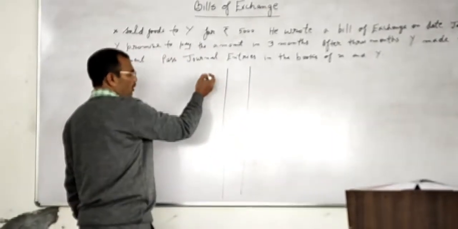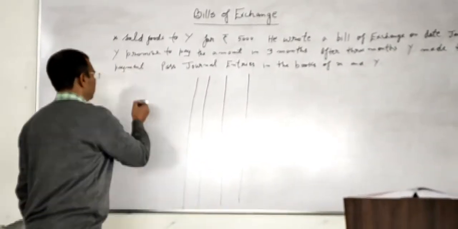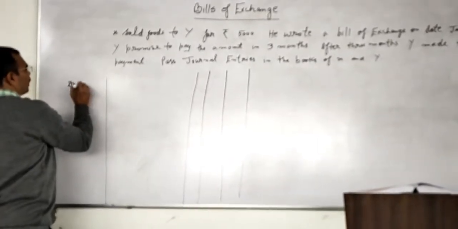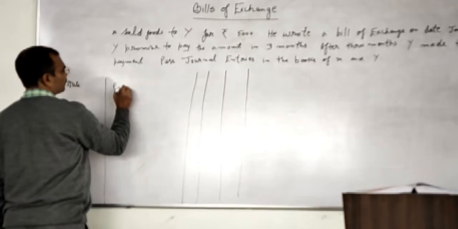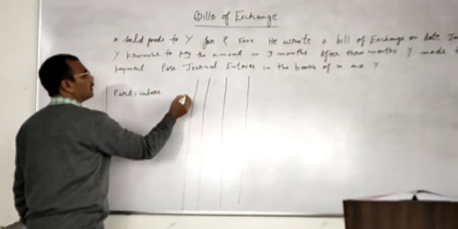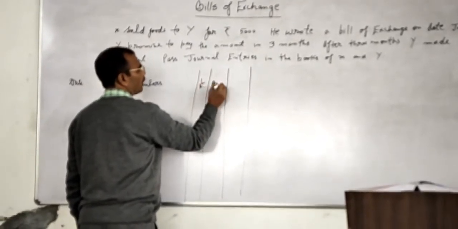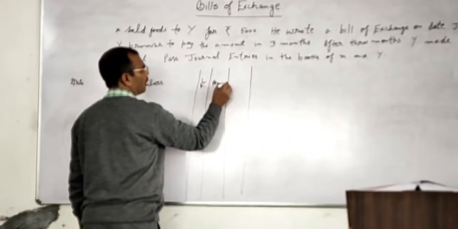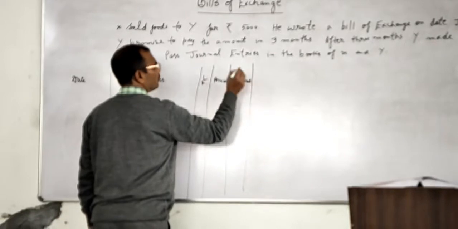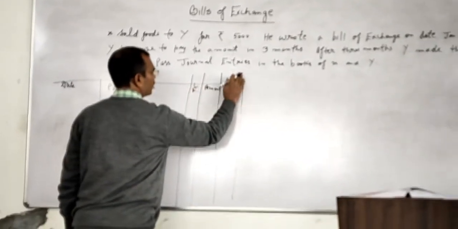Okay? So we will draw these lines of journal: date, particulars, ledger folio, amount and amount. As you know, these are the lines of journal.